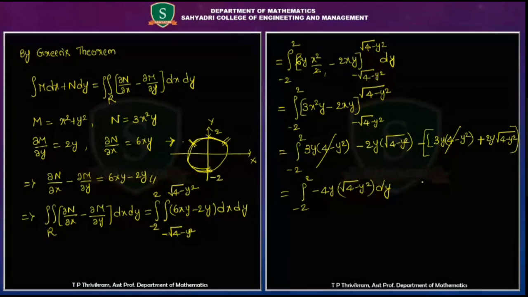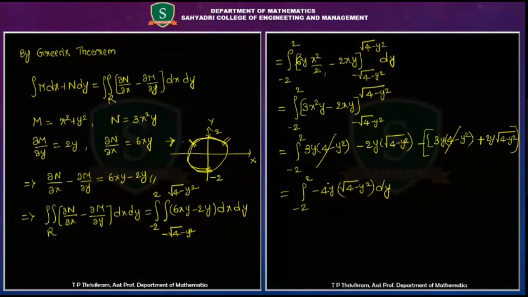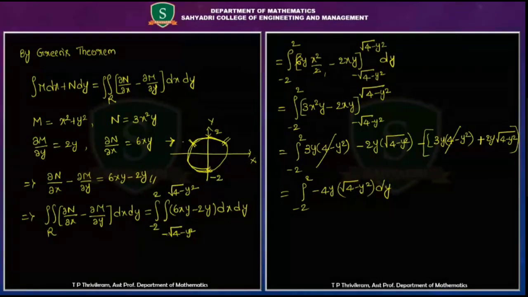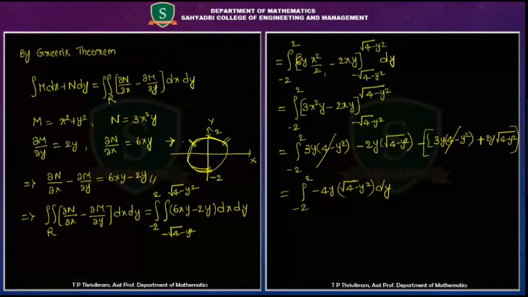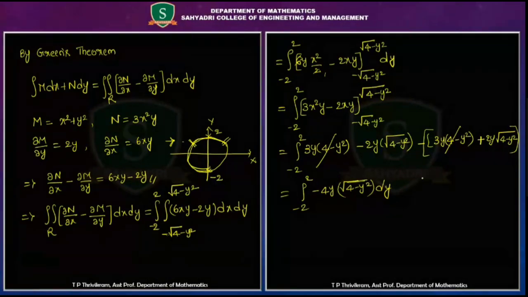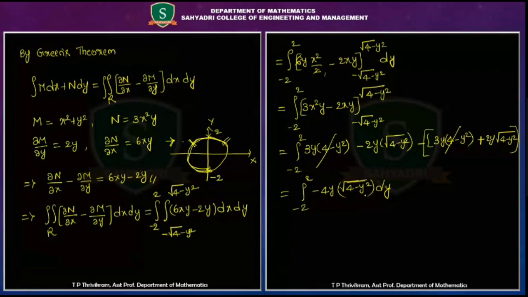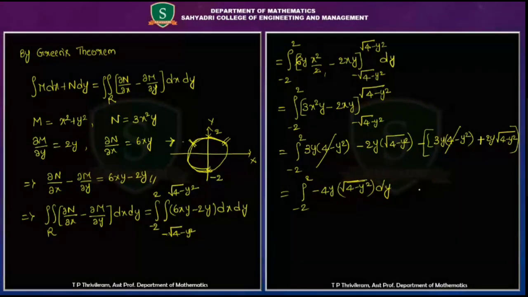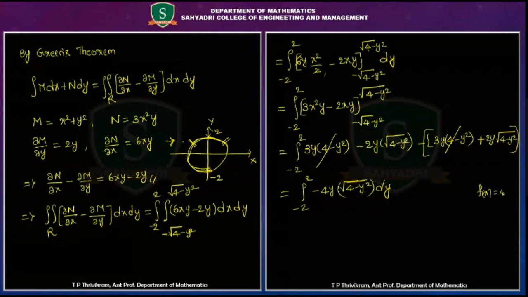Okay. So you need to perform integration for this. How you will do is nothing but, suppose if you take f of x is equal to 4 minus x square, what will be f dash of x?